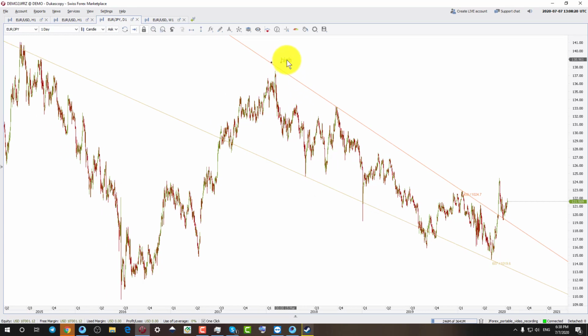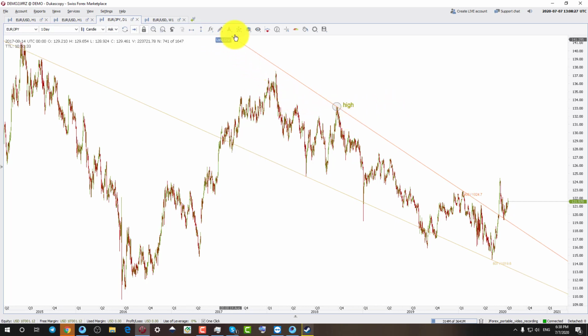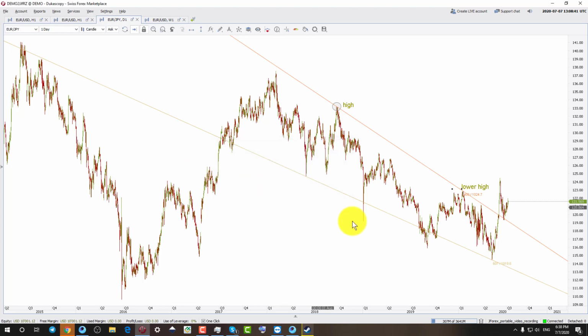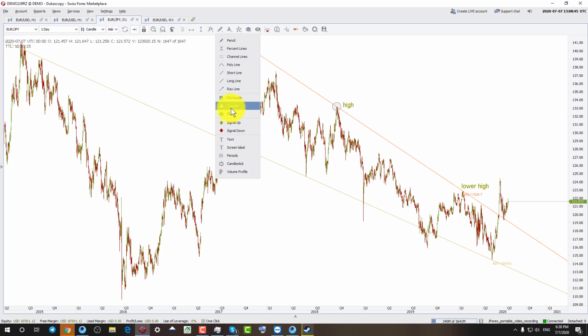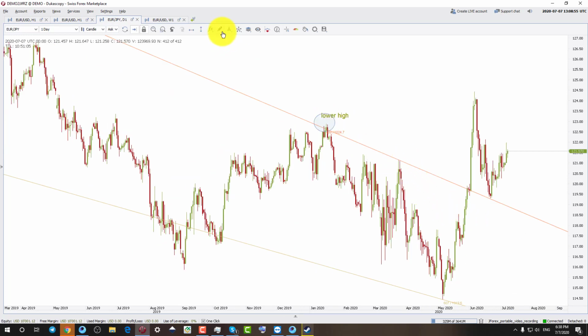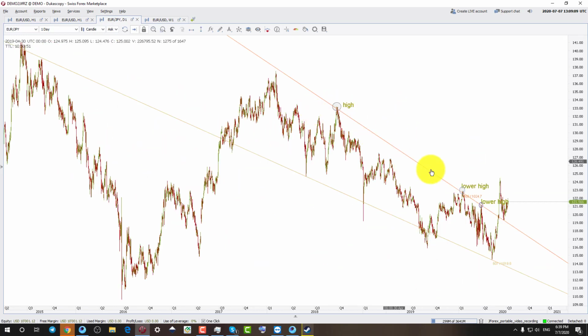So this is a high here, then we have a lower high, you can also put it in this form so that you can also get this high again here, and this is even a lower high. So now you have high, lower high and even lower high.